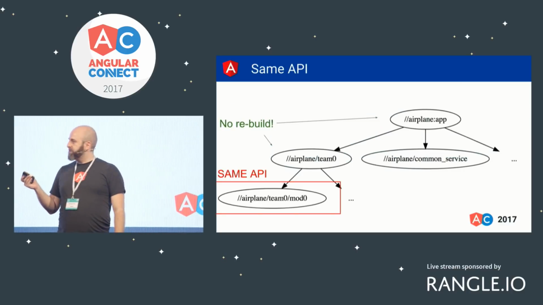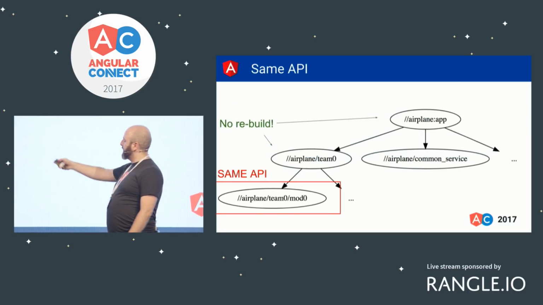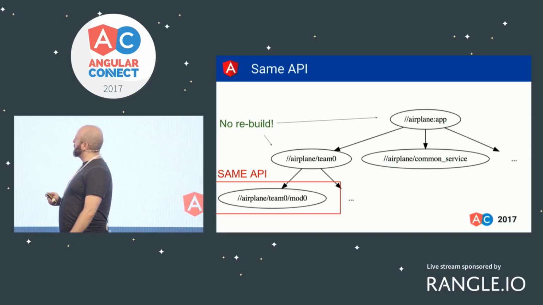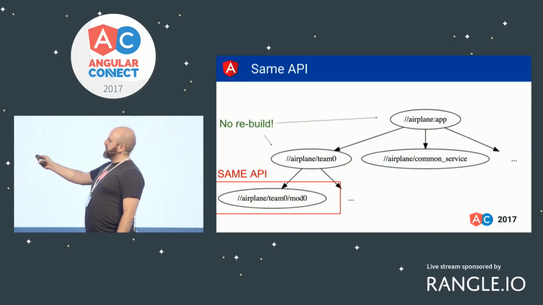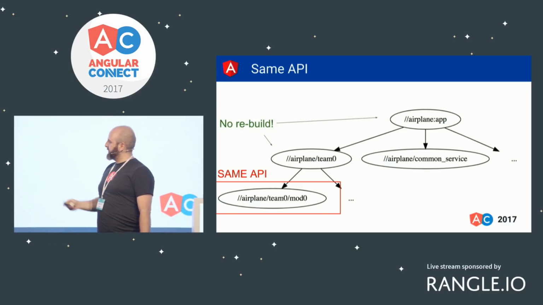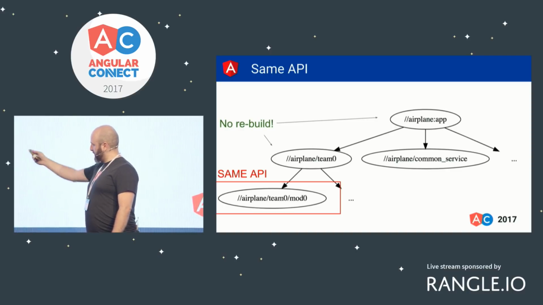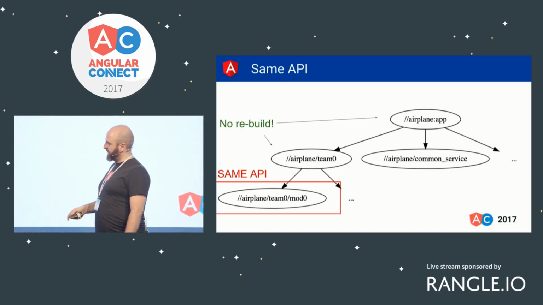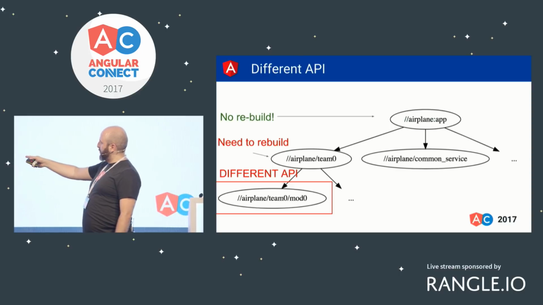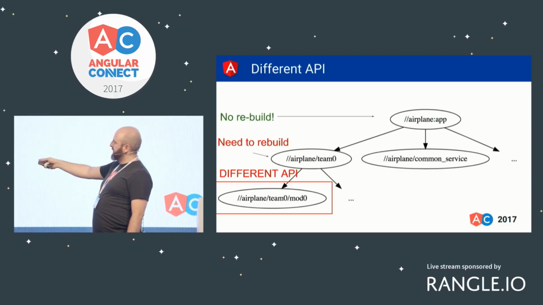Here's the example. So if I work on one of the modules, work on module 0, if it has the same API, I don't need to rebuild any of the other packages that depend on it. I just need to rebuild that one down here. So I'm making changes. I just keep rebuilding this one. If module 0 has a different API, I rebuild that.